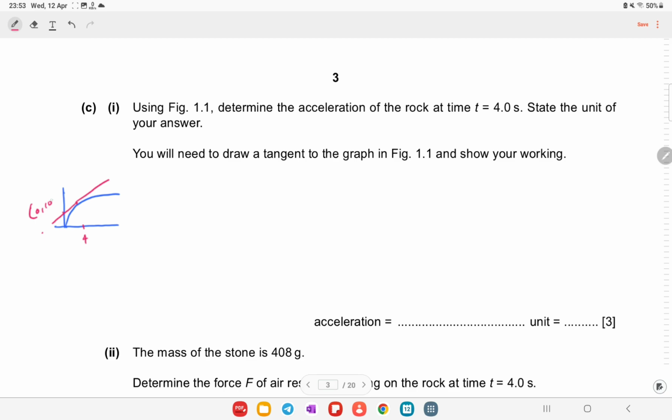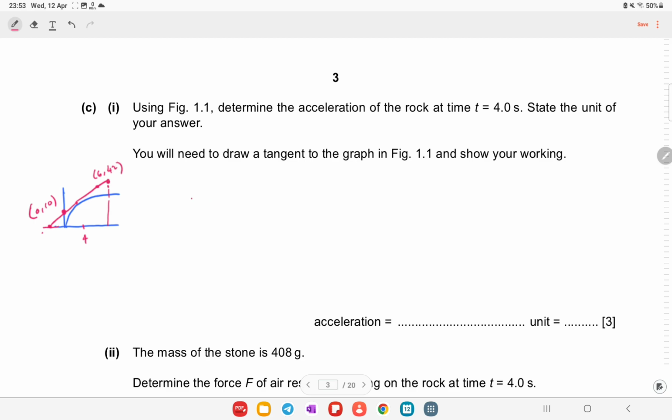You can take any triangle, it's up to you. Either you can take a big triangle, so find out the coordinates at this point or this point, and I have taken this point, and I'm going to take another point, which is around 6 and 42.